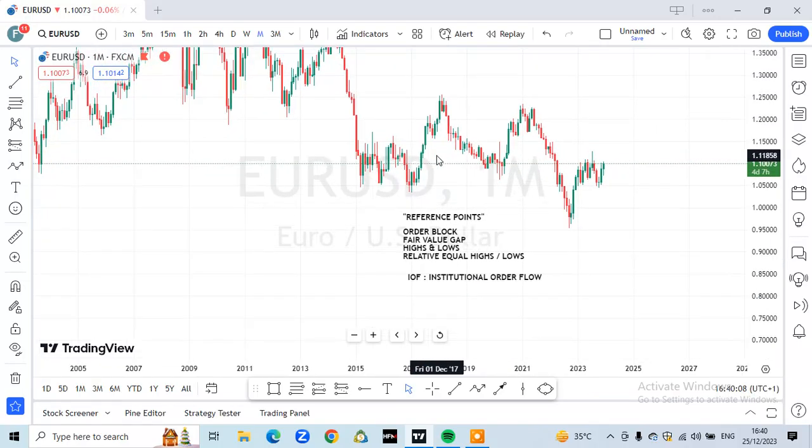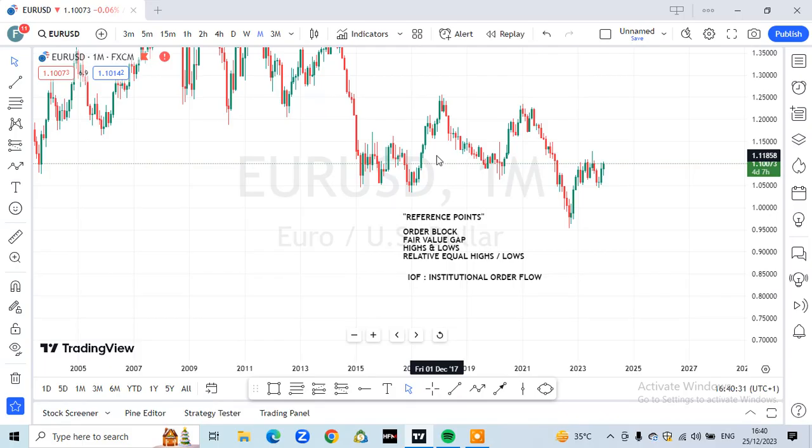I said we have order blocks, fair value gap, relative equal highs and lows. Quickly, I would want to touch relative equal highs, then fair value gap, then lastly order block.